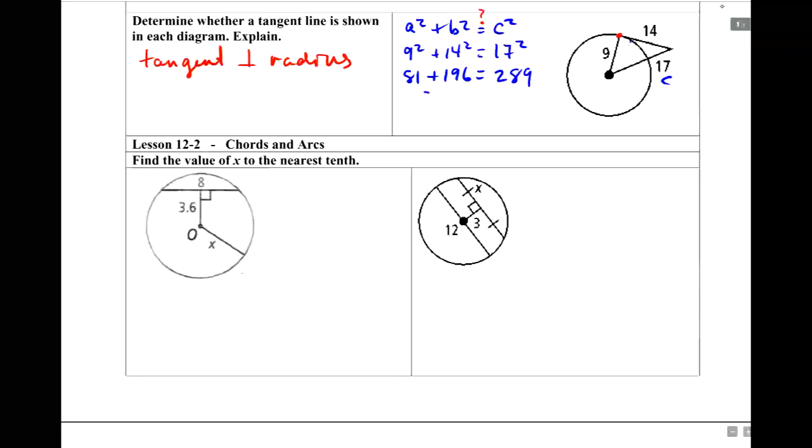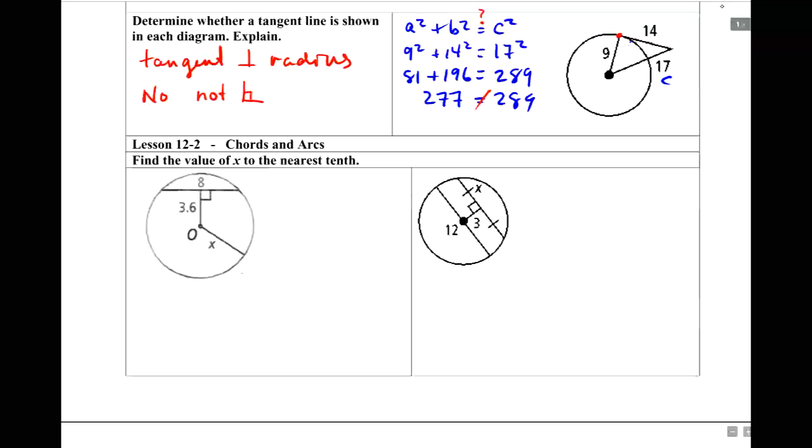And that is 277 equals 289. That is not true. So no, it is not a right angle, not perpendicular. Therefore, not tangent.